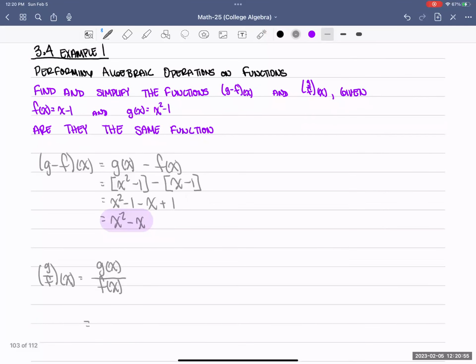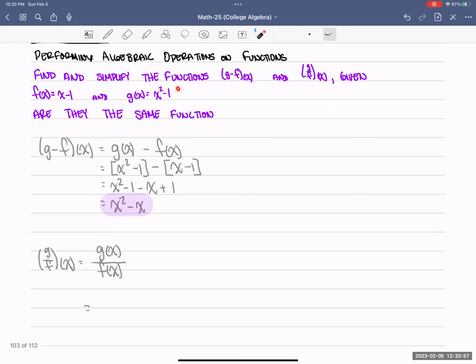And here we write our function g of x, so our x squared minus 1. Our action here is to divide, and we're dividing that second function, f of x. f of x is our x minus 1.